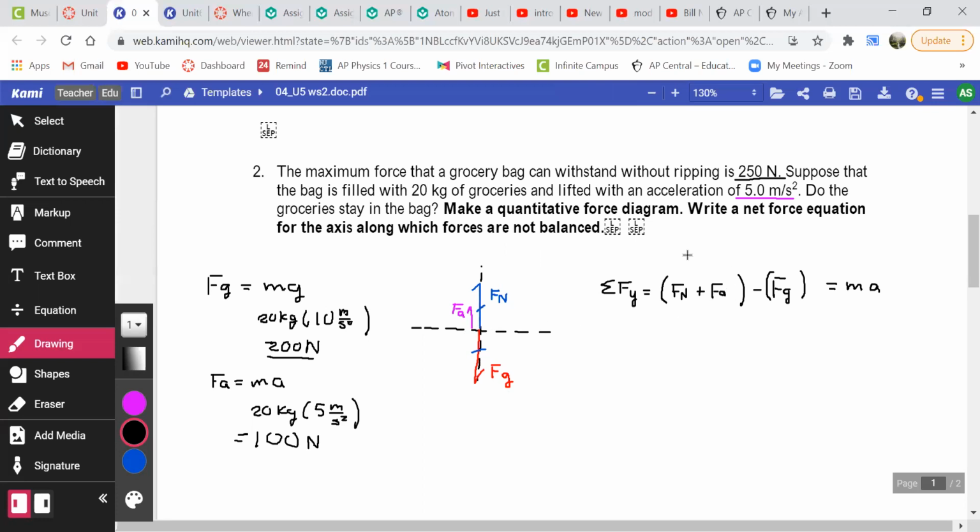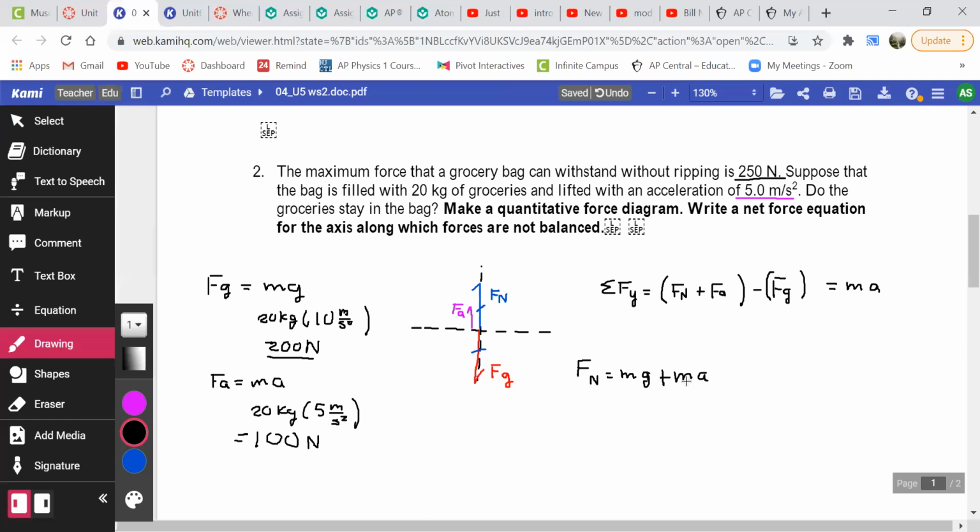So the equation that we use is that the force that we're actually checking for is equal to mg plus ma. Now, the reason we do this is because inertia is going to make the groceries resist moving. So there's going to be this moment where the bag's moving, but the groceries don't want to.